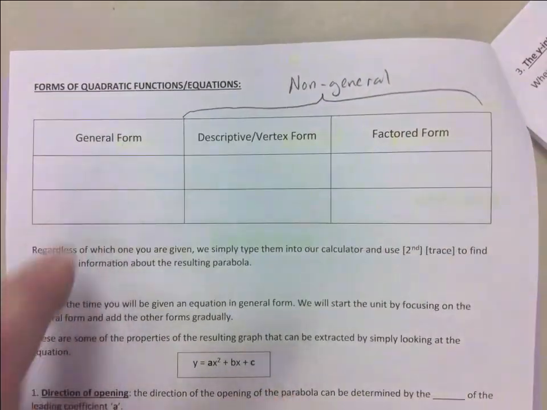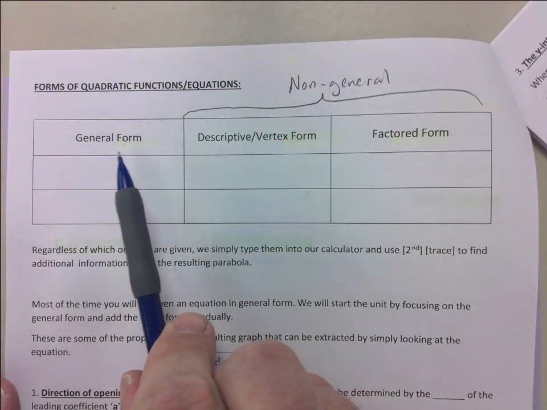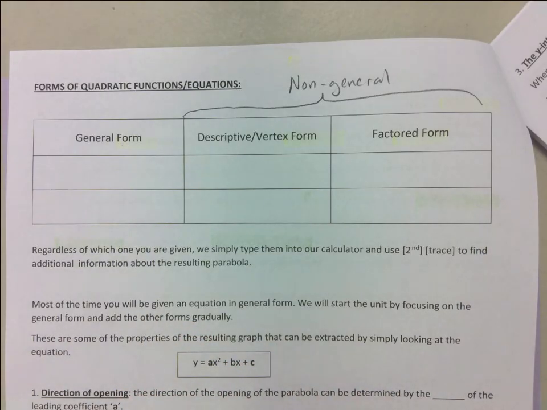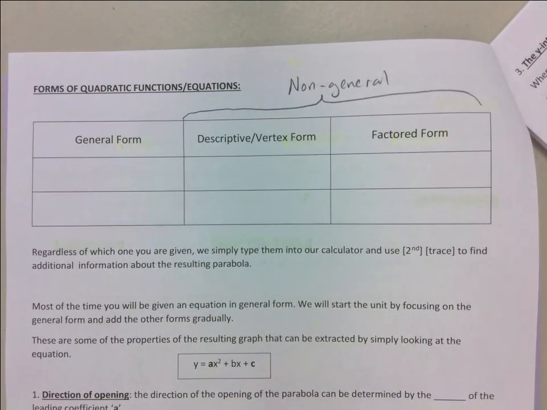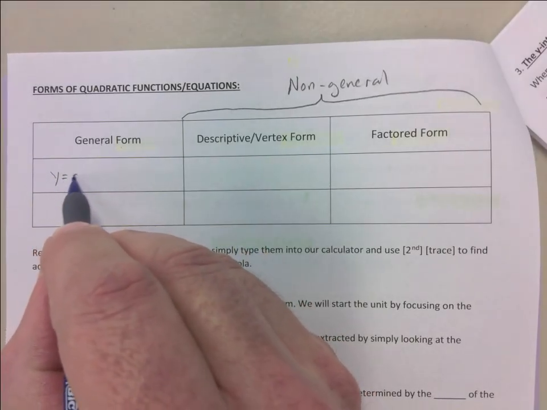I want you to be able to identify general, and then everything else is called non-general. This is just me making this up right now. Trust me, it's going to be much easier for you if you just accept that right now. The general form looks like this.